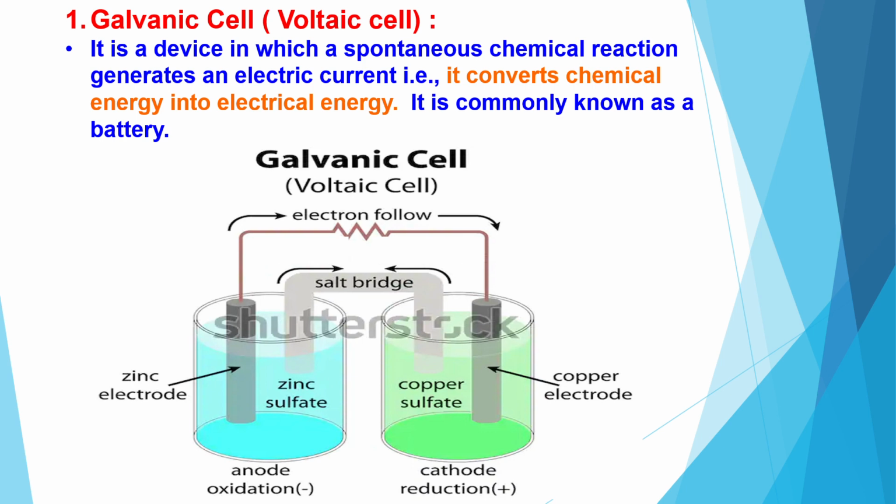The right hand electrode is called the cathode, and reduction happens at the right hand electrode. The left hand electrode is called the anode, and oxidation goes on at the left hand electrode, or anode. We'll talk about the reactions in detail in the future slides.